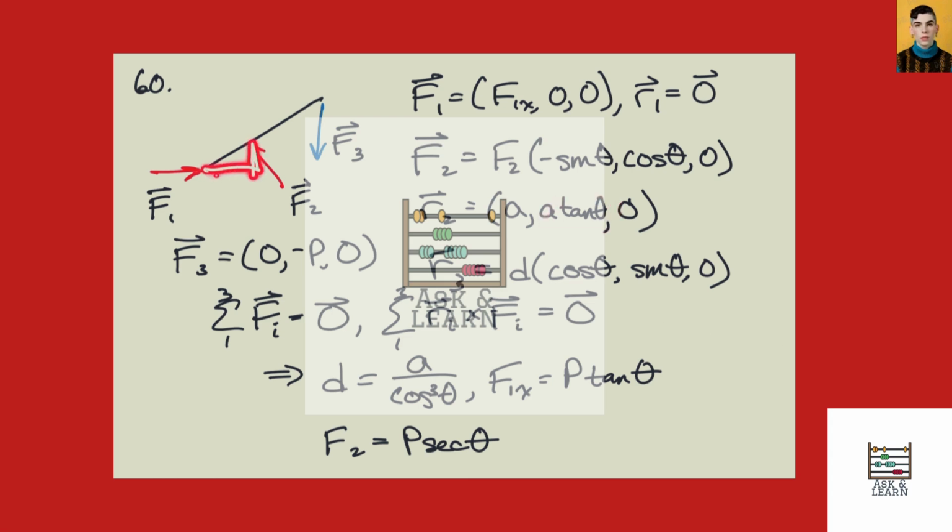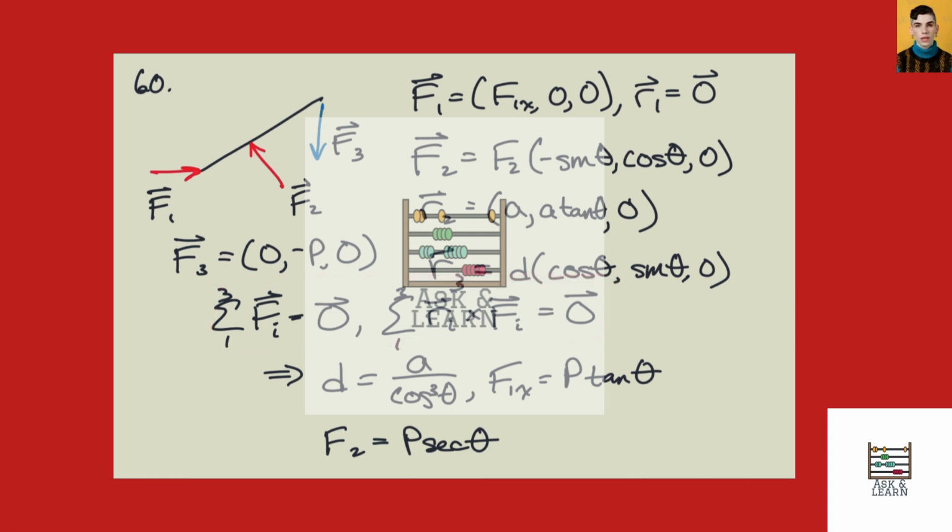Then we have the applied load out here, which is in the negative vertical direction, so we have minus p. The position vector to that is a distance d from the origin in this direction. So we have all our forces and our position vectors, and we can sum forces and moments.